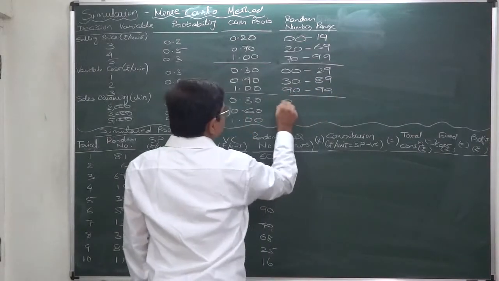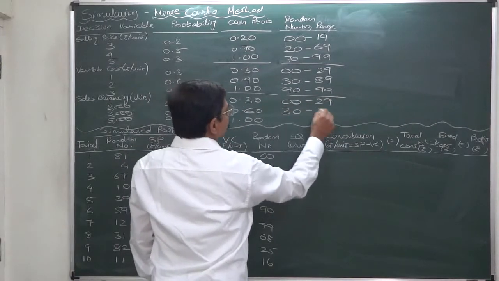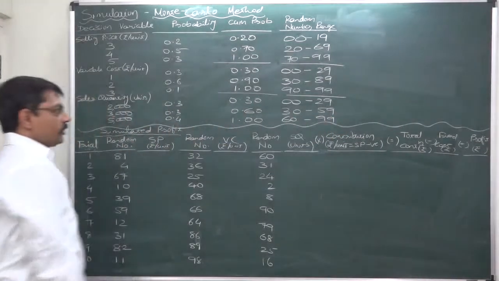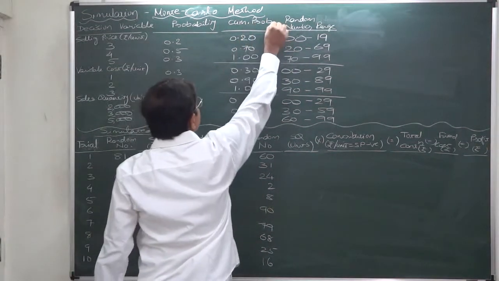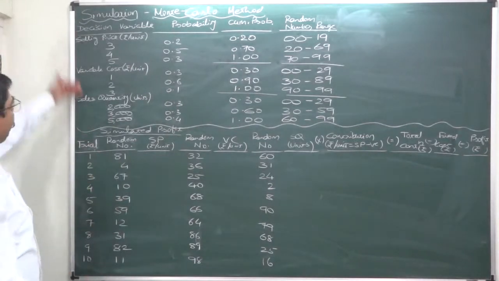And in this case it will be 00 to 29, 30 to 59 and 60 to 99.